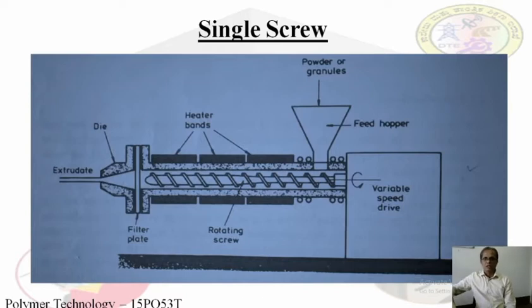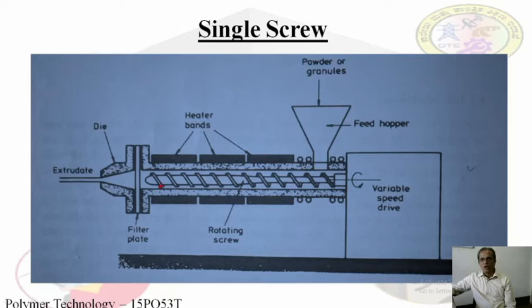Here in this diagram you can see a single screw extruder. This is the hopper end. This portion is called the feed hopper. Powder or granular material is fed into this hopper, and here there is a horizontally placed barrel.